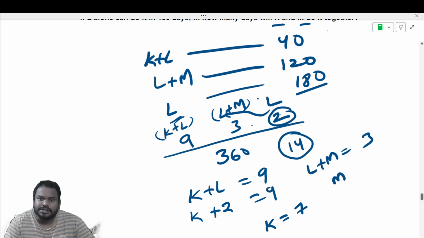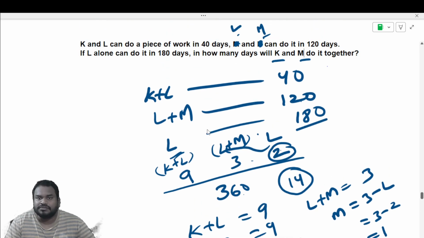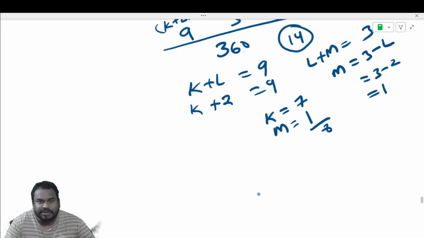From this M is equal to 3 minus L. So it is 3 minus 2, because L value is 2, so this is 1. So K efficiency is 7 and M efficiency is 1. Together, K and M's efficiency is 8. So if it is 8, then in how many days will K and M do the work? So 360 by 8 will give you the answer.